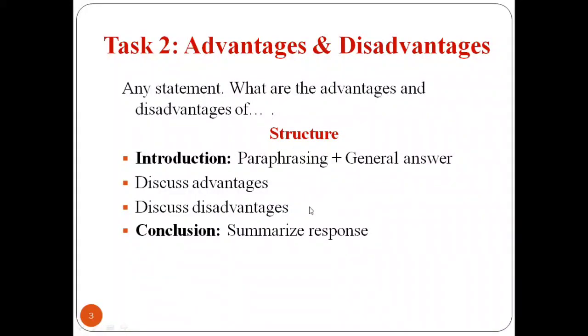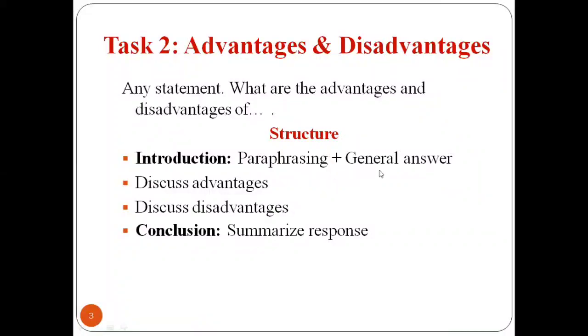The structure of your essay will be like this: the introduction, in which the first sentence will be paraphrasing the general statement that has been given to you, and then you will give your answer. Obviously, in this type of essay, since you have to discuss the advantages and disadvantages in detail, you will write some kind of general answer like there are many advantages and several disadvantages of XYZ that are mentioned below in the body paragraphs.